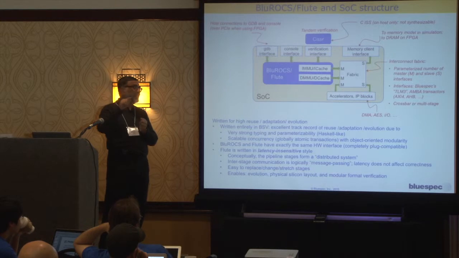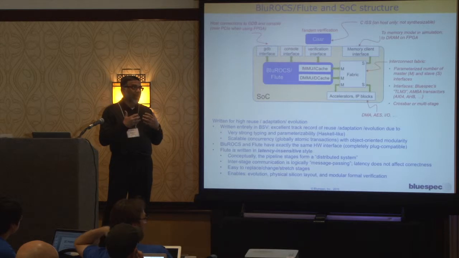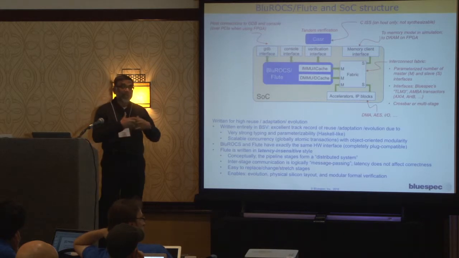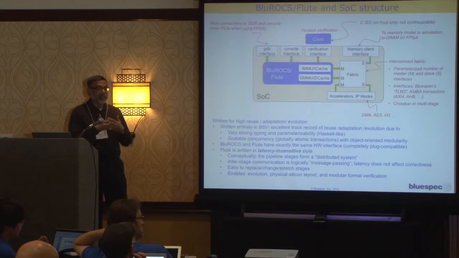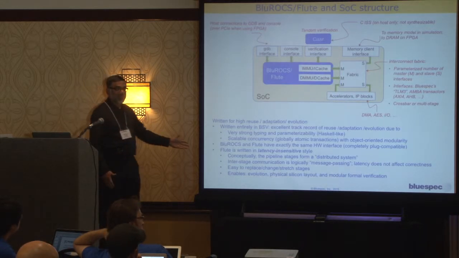If you think of all the stages of your pipelines as communicating agents, in classical distributed systems, you try not to make assumptions about latency of delivery, for example, of messages. And you try to get a correct implementation despite possible variations in latency of delivery. We follow exactly that philosophy in Flute.